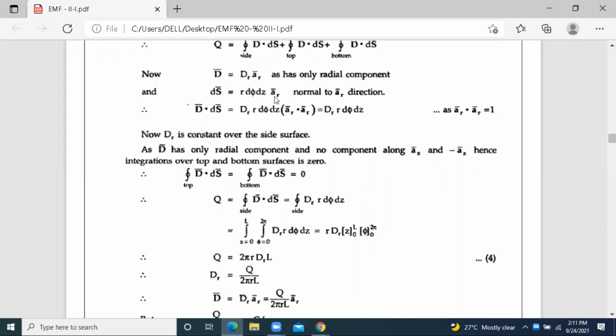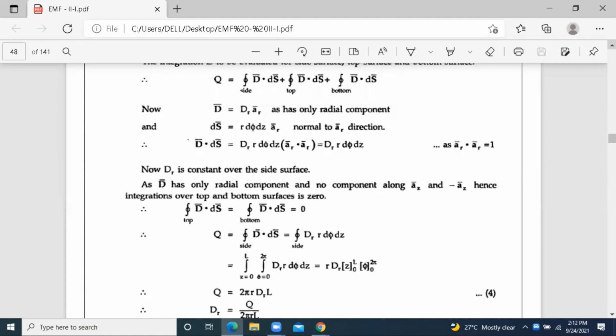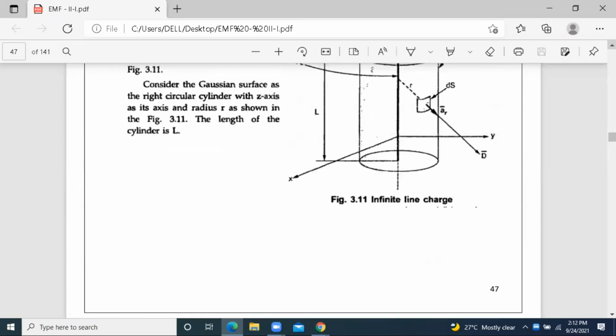You understand how you get that? This surface is in the a_r direction.